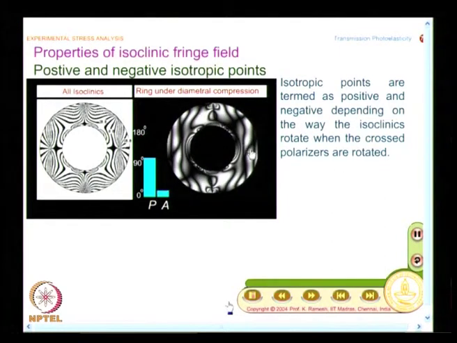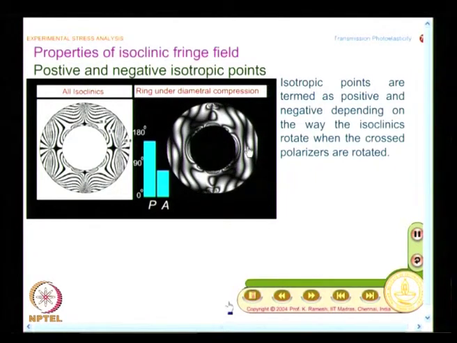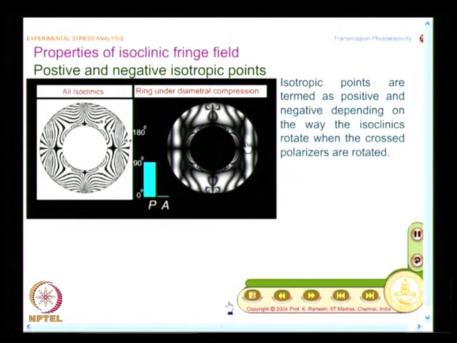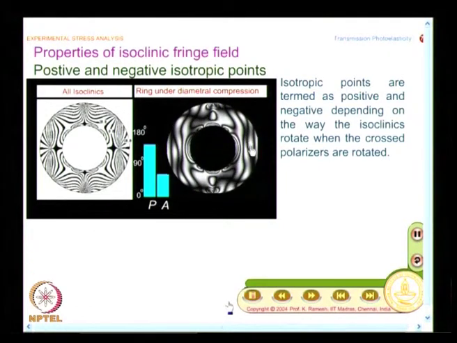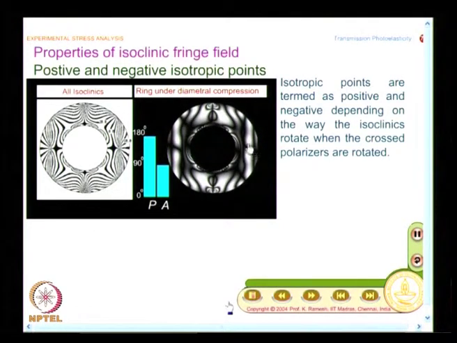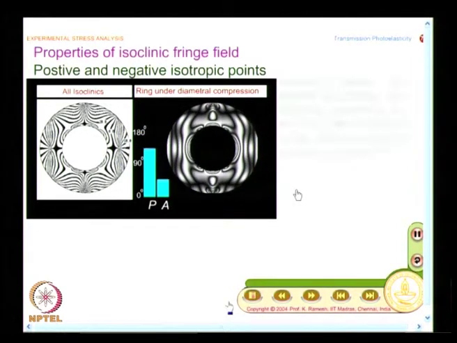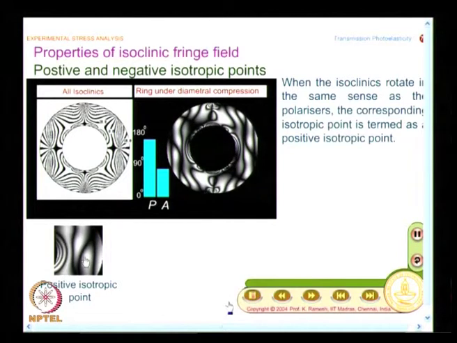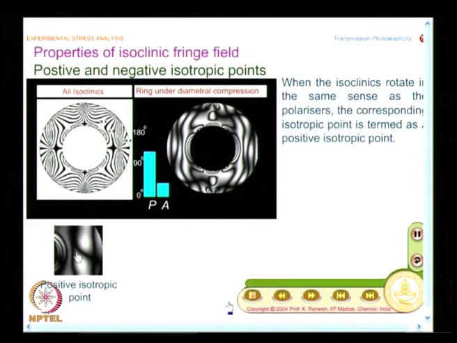And that is what you had seen very carefully. There is a particular aspect that happens at this point. When I rotate, they rotate in the same fashion as the polarizer analyzer combination, and you have a simple labeling. You call this a positive isotropic point, and I will call the other one a negative isotropic point.